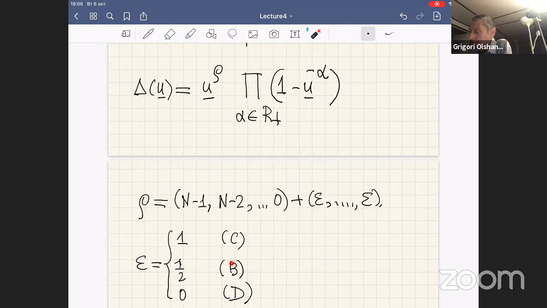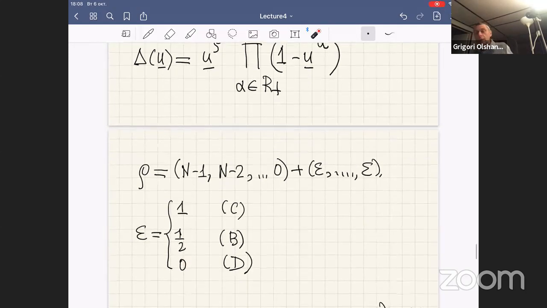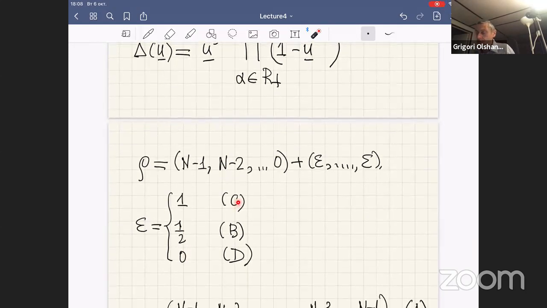In type CBD, it is written as follows. We take this sequence and add epsilon, which is 1, 1/2, and 0. And this is why I put C first, not BCD, because it just corresponds to this picture, 1, 1/2, and 0.